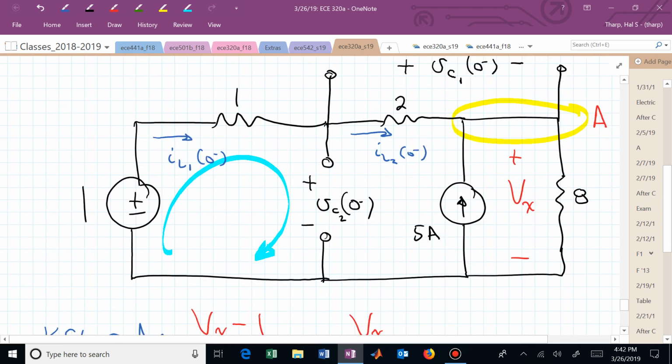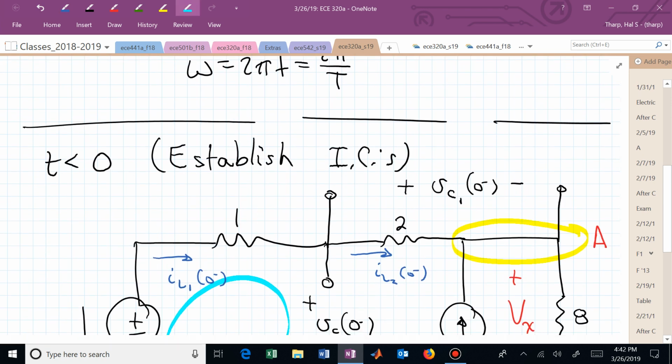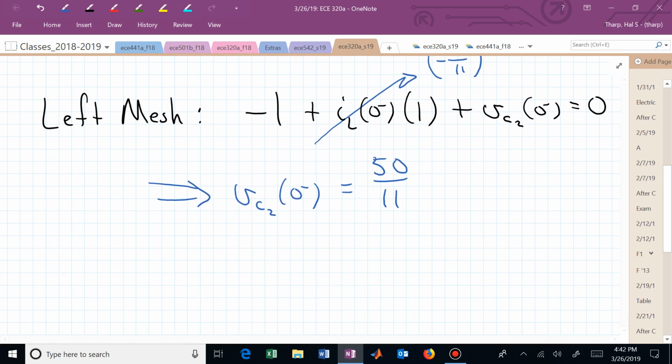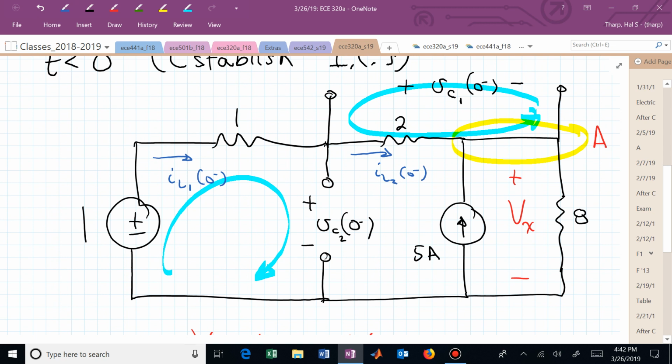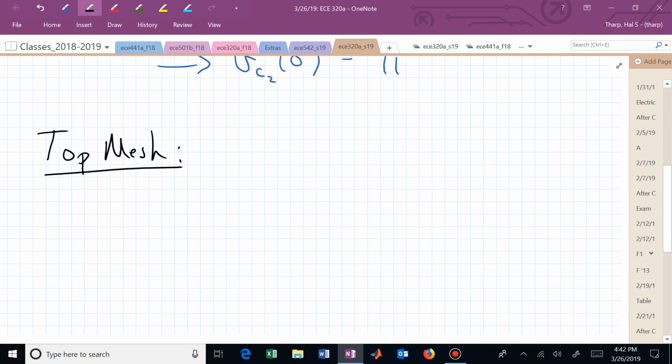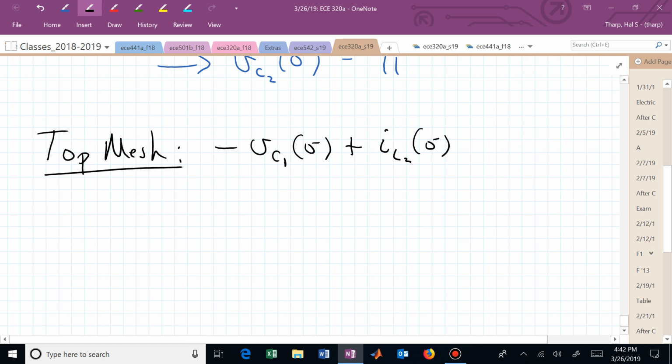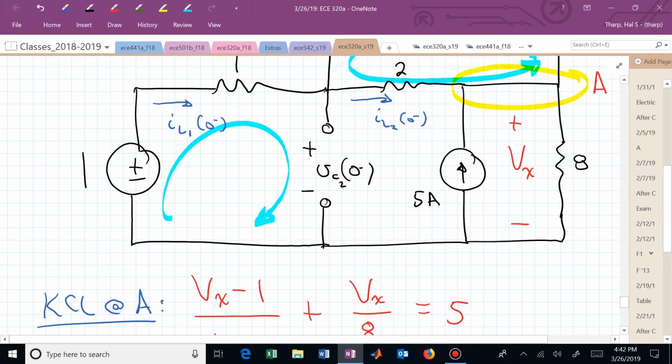And finally, we have this mesh right there. Or, let me say that's the top mesh, which is, if I go in the way that I did, it's minus V sub c1 of 0 minus plus I sub L sub 2 of 0 minus times that resistor of 2.